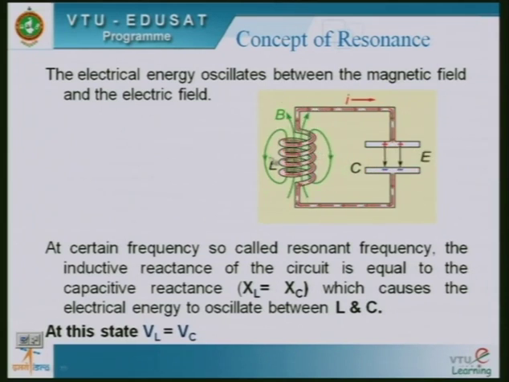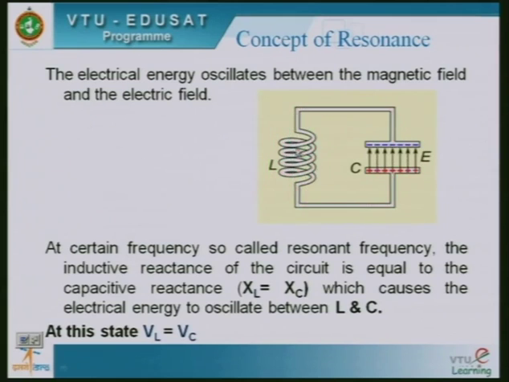Electrical energy is oscillating. To produce the magnetic field in the inductor, current is required, which is provided by the discharging capacitor. See in this direction.